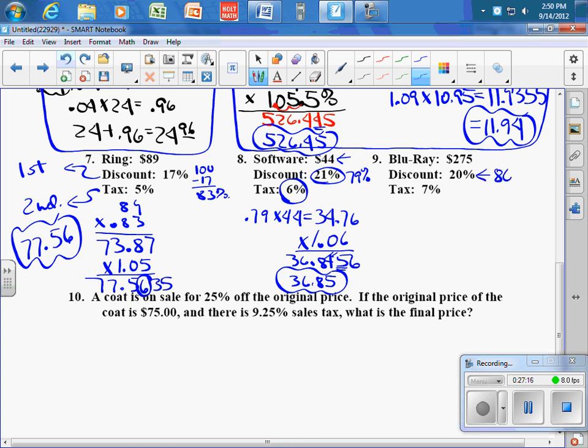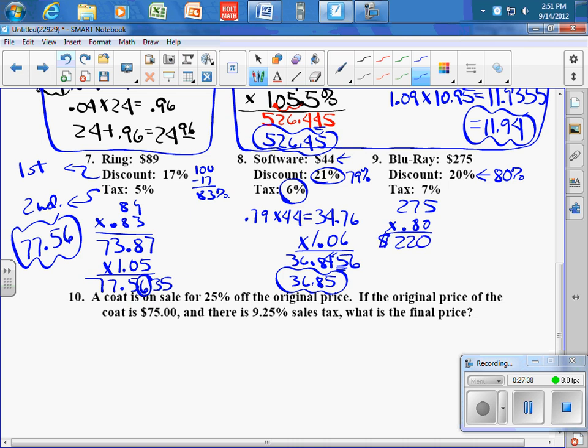We're actually going to be paying 80% of this Blu-ray DVD player, so 80% of 275. So I'm going to take 275 times 0.80. That's $220.